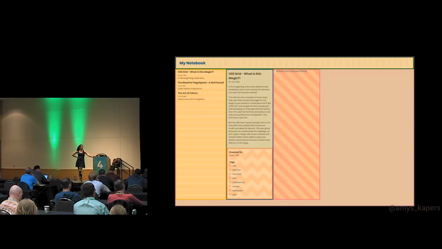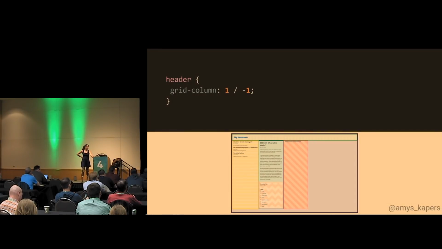But today we're going to define grid column 1 to -1 because we always want the header to go all the way across our grid.